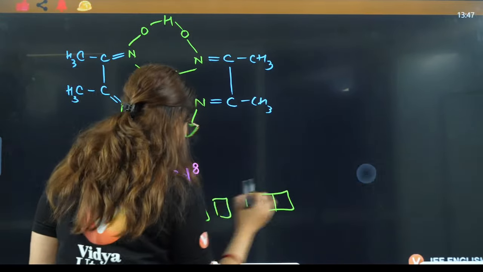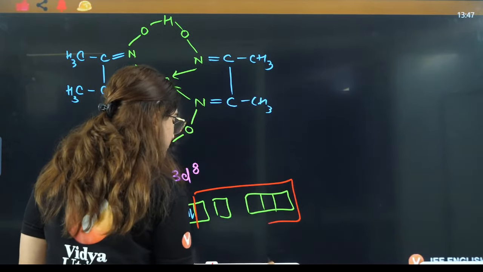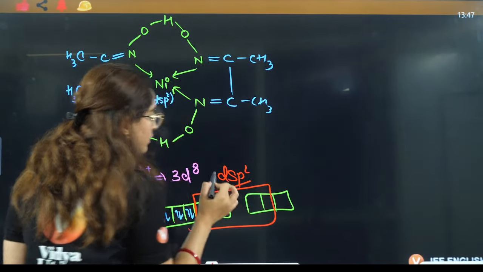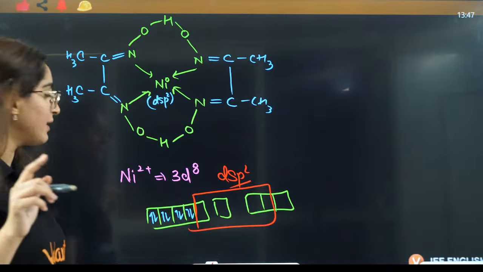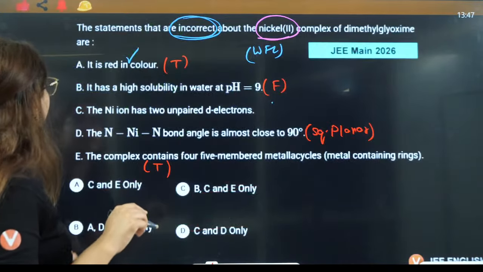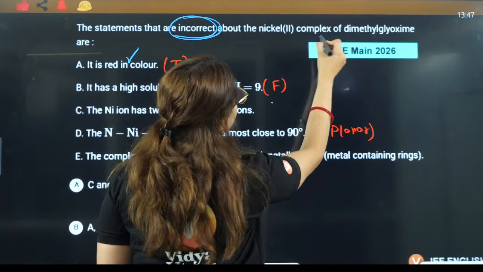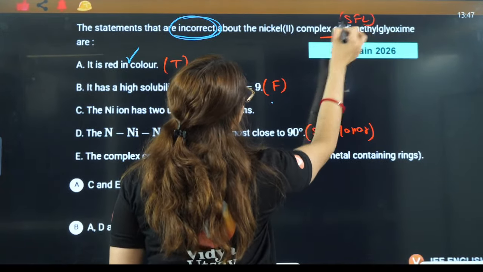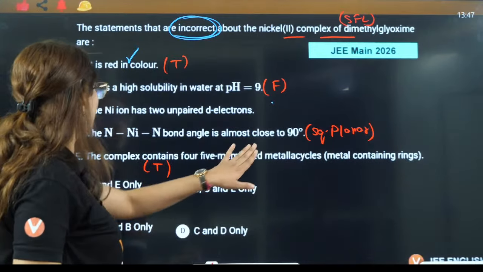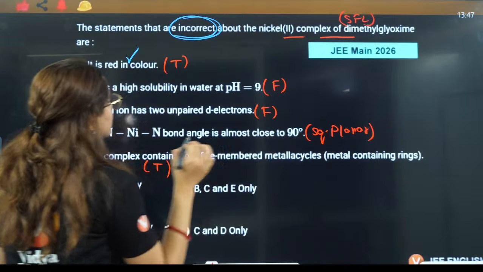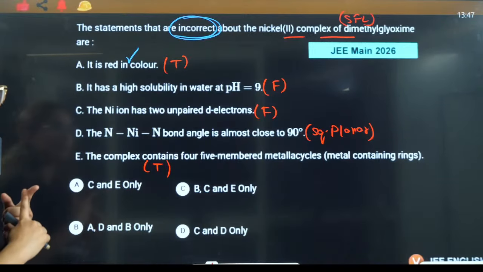That it can make only when it has zero unpaired electrons and it is a strong field ligand. That is correct. It is behaving like a strong field ligand here. So the statement that it has two unpaired electrons will be false here, because it will have zero unpaired electrons.